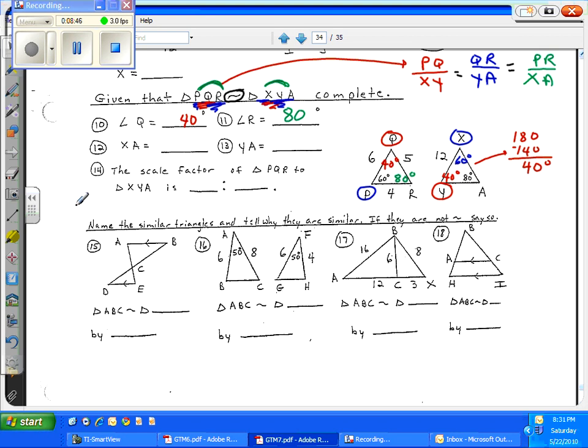We can go to the picture and pull the numbers out. PQ was 6. XY was 12. That gives us, if we reduce it, a scale of 1/2 or 2/1, depending on if we're scaling up or scaling down. Equal QR, which is 5, matching up with YA, which we don't know.